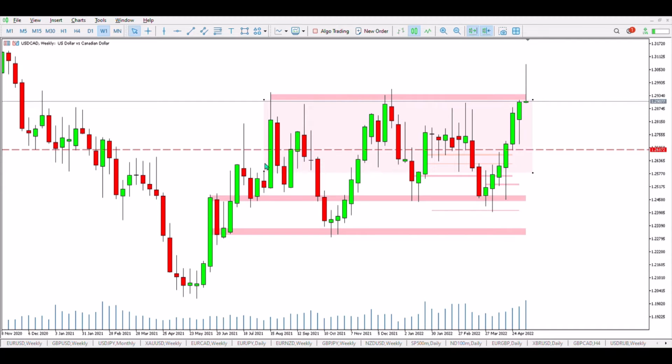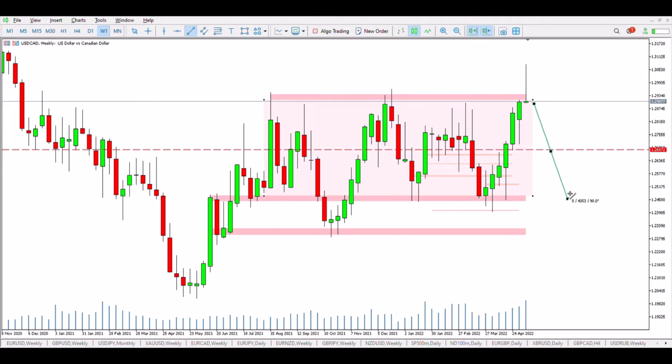Okay, it limits my expansion, but it's pretty much all a consolidation area, a rejection candle on USD CAD, which is a pretty nice signal for a reversal.